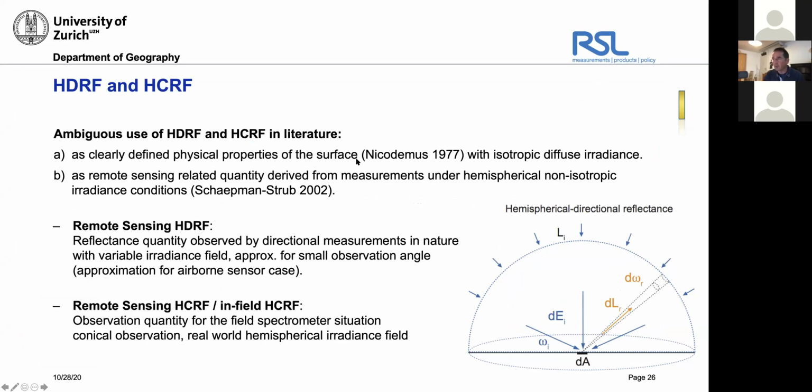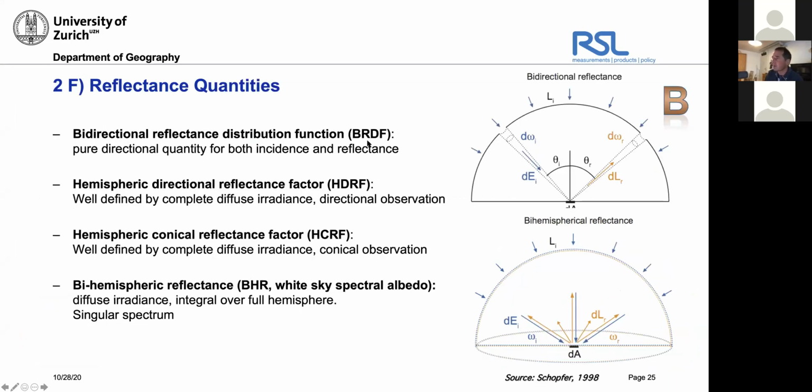I introduced these terms before. So we got the bidirectional, BRDF, HDRF. I don't go in detail through that because it's not the main topic in this lecture. It could be a whole lecture by itself talking about bidirectional reflectance distributions. But the more important ones are, for instance, the BHR.